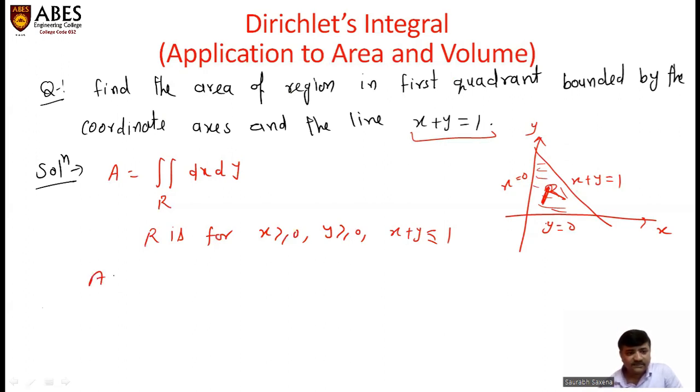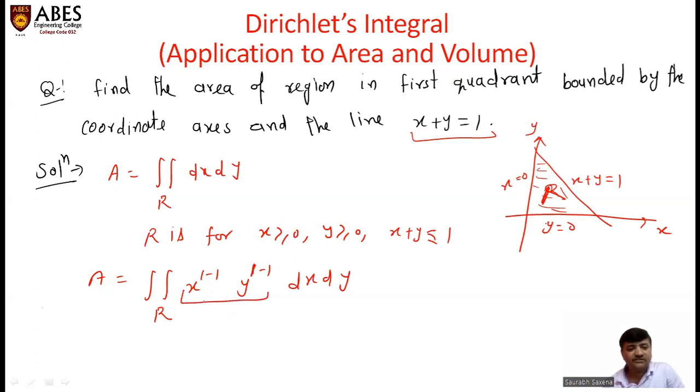Can we write this as A equals double integral over R of x to the power 1 minus 1 into y to the power 1 minus 1 dx dy? Why have I done this? Because I mentioned that in case of Dirichlet's integral, if we want to make use of it, then two things must be in the same form. That is the function, the integrand.